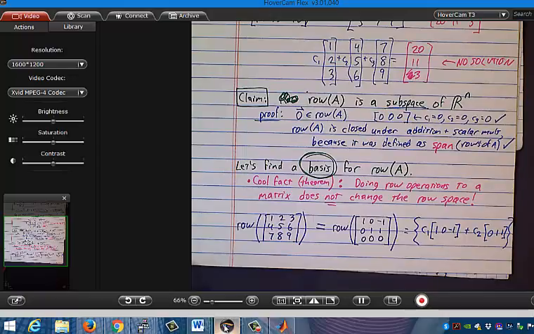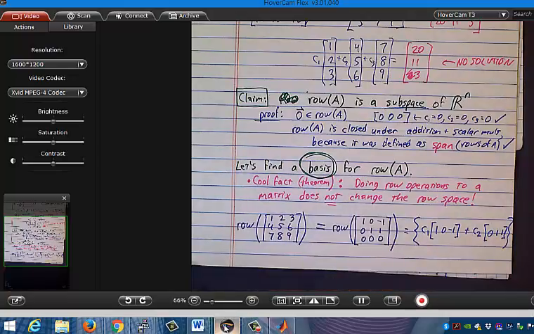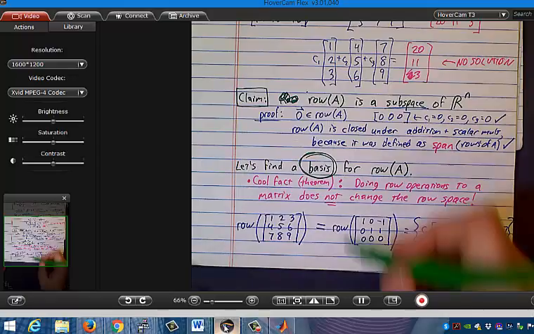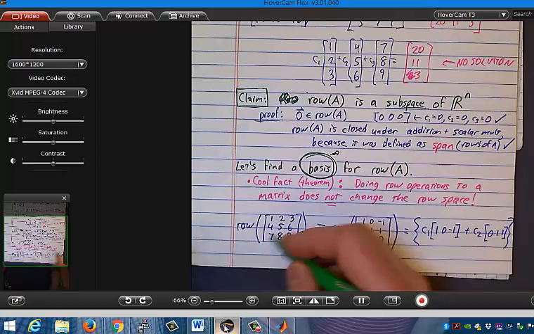But what I'm saying is, you can find a basis. Again, what are the requirements for being a basis? There are two. We need, so again, maybe I'll throw it here.